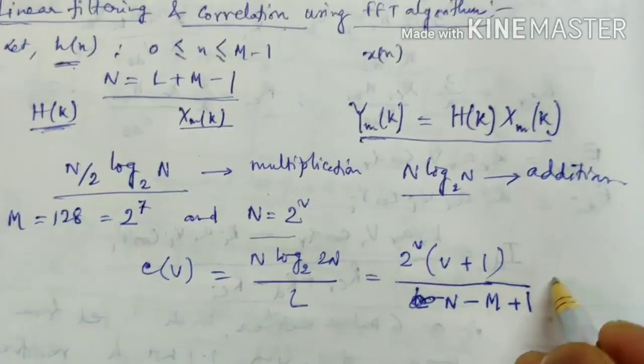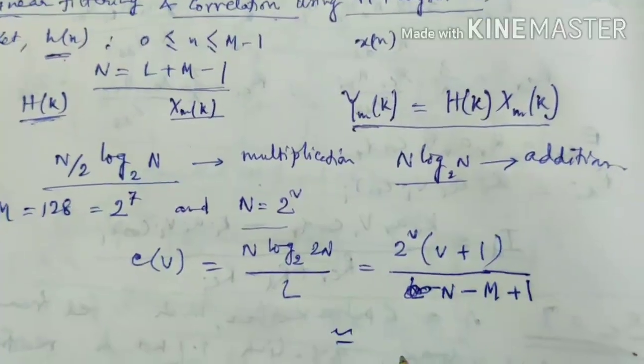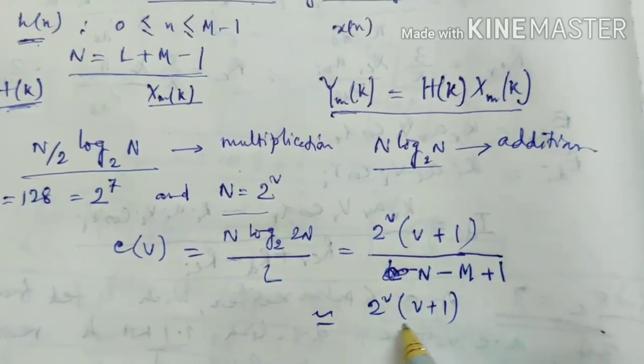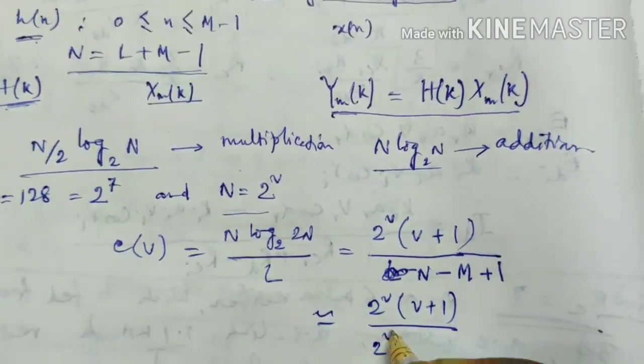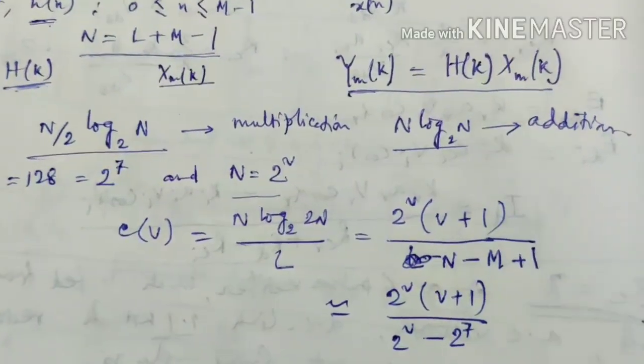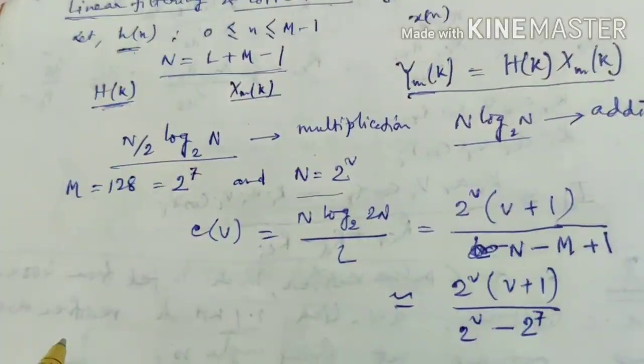That is nearly equal to 2 to the power v times (v plus 1) divided by (2 to the power v minus 2 to the power 7). That is the output multiplication.